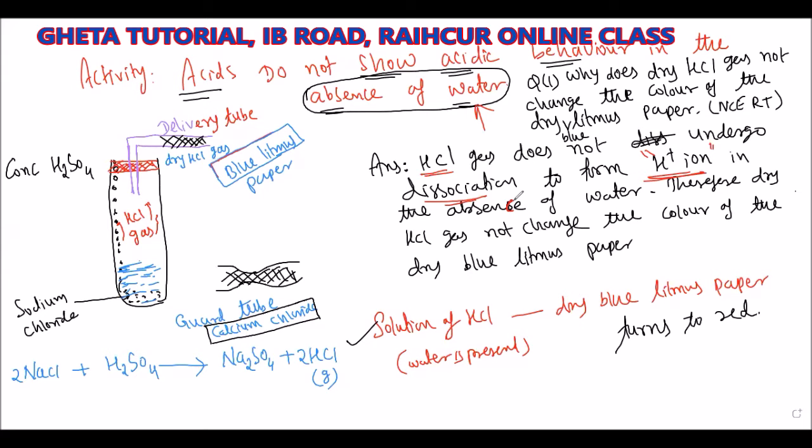If it is showing the acidic behavior, it means water should be present. Water is compulsory for the acidic behavior. If the water is not present, then it will not show the acidic behavior. So if I'm taking now here HCl solution.